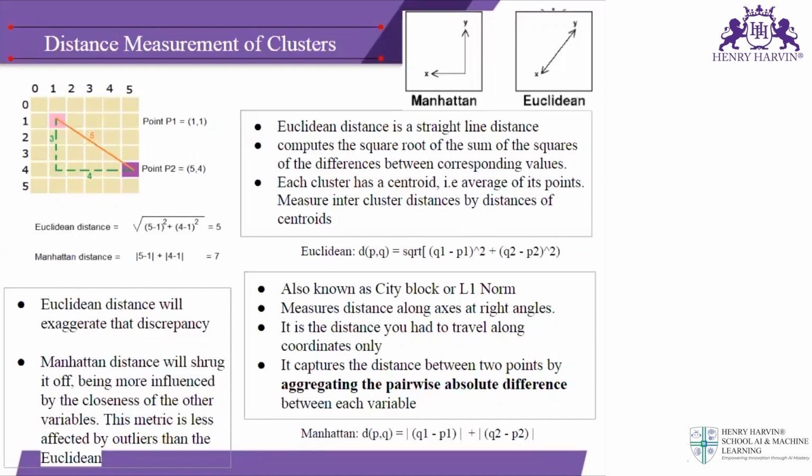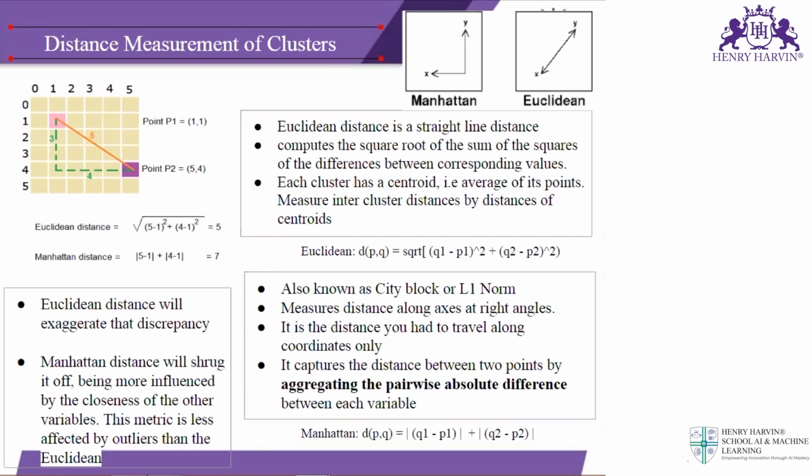Then there is Manhattan distance. Manhattan distance is also known as city block or L1 norm, wherein it measures distance along the axes at right angles. Why is it called Manhattan distance? It calculates the distance that will be traveled along the coordinates only. It measures the distance by the right angles of the triangle.